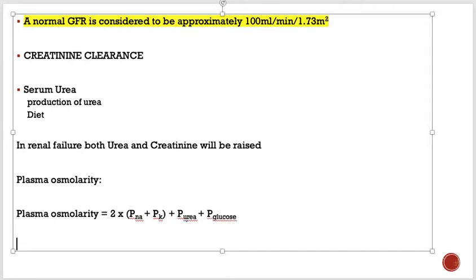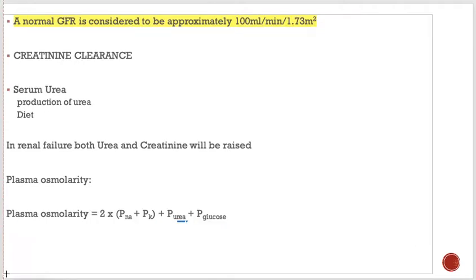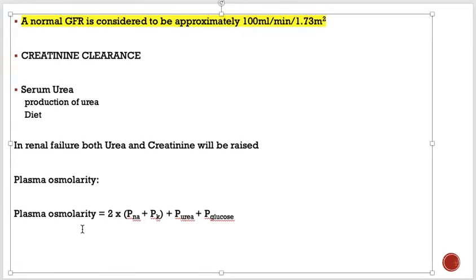Now, this is how we measure plasma osmolarity. So, to measure plasma osmolarity, what things do you need? You must know how much is the sodium ions in the plasma, how much is the potassium, how much is the urea, how much is the glucose.